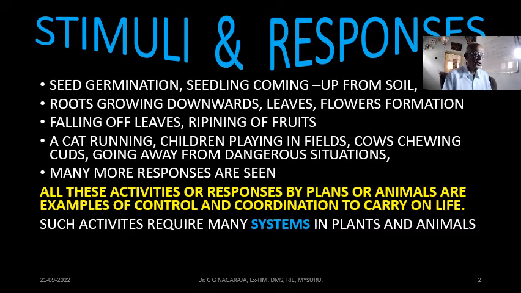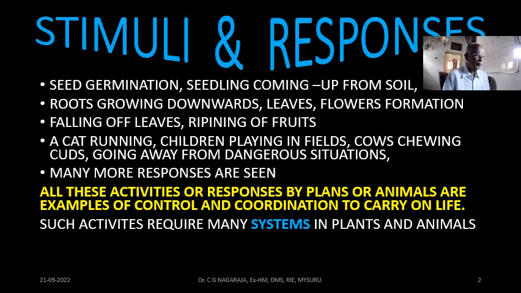In this PPT, I have shown stimuli and responses. Seed germination is a response to the stimuli that the seeds get. They may get water, they may get a little heat, and then the seeds start germinating.